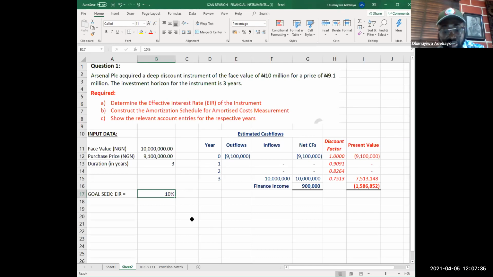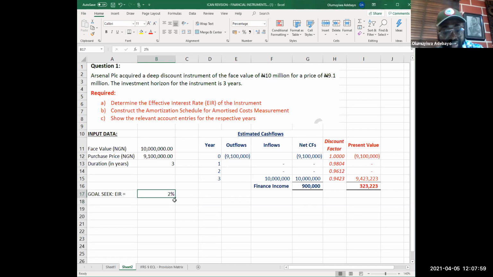Therefore, if I reduce it to 7%, can you see that I'm coming down? If I reduce it to 5%, I'm coming down. If I reduce it to 4%, I'm coming down. Let me reduce it to 2%, I've gotten to positive. It has taken negative back to positive now, which means my rate is between 2 and 4.